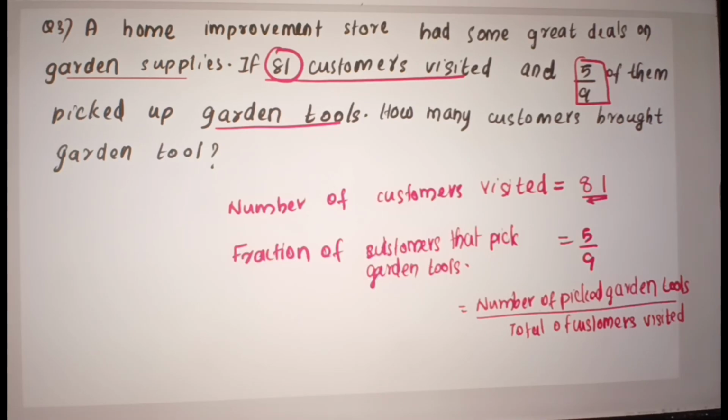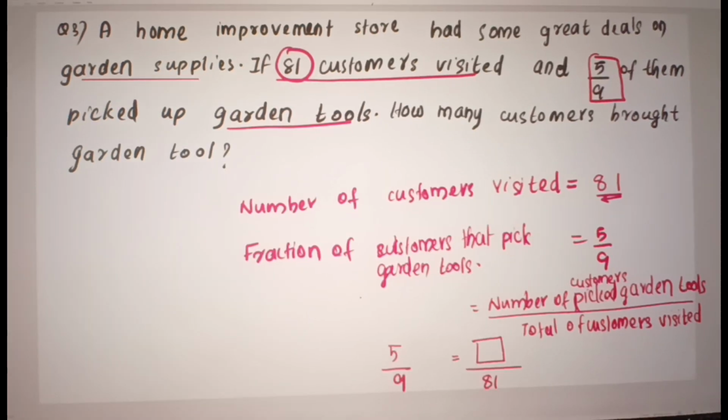We need to find the number of customers that pick garden tools. The denominator shows the total number of customers visited. So you can frame an equivalent fraction. What is the equivalent fraction? 5 over 9 equals the number of customers over 81.